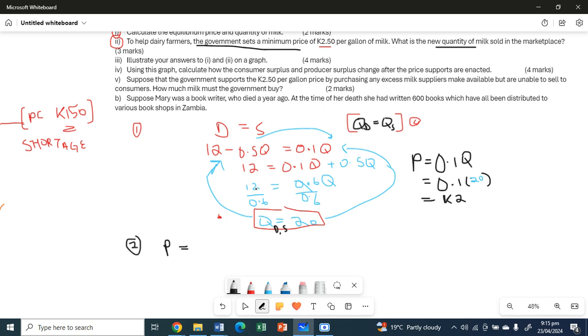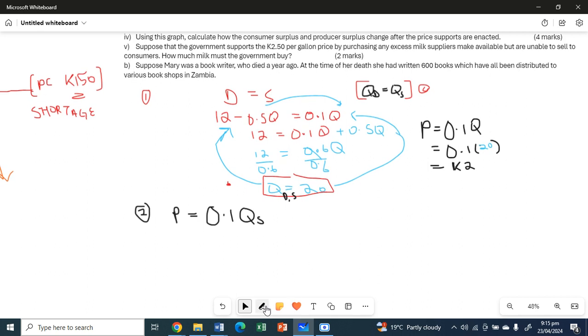We want to find the new quantity of milk sold at this price, so you look at the supply function. You say 0.1 QS. The price has been given to us, which is 2.5 kwacha.